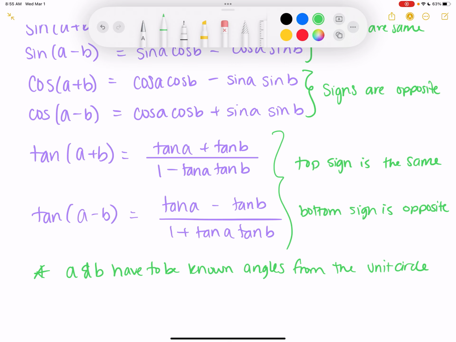In that case, they may not be known angles. They may be like 98 degrees and 63 degrees. That's fine. But when we're solving, they have to be known because you need to know what the value is that goes with it.